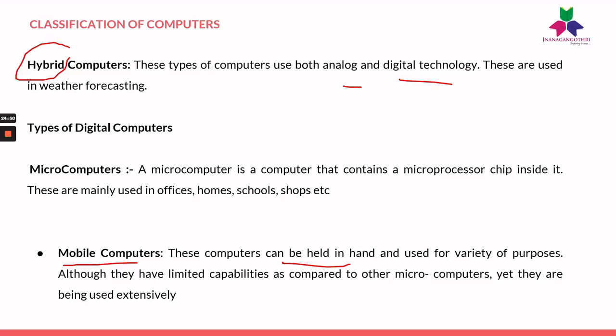One example of this type of microcomputer is a smartphone, which has limited power compared to a general PC, but it can be used extensively because of its handheld nature.